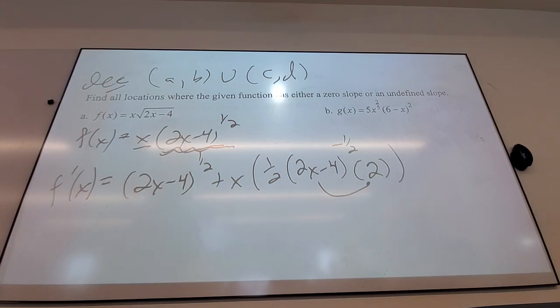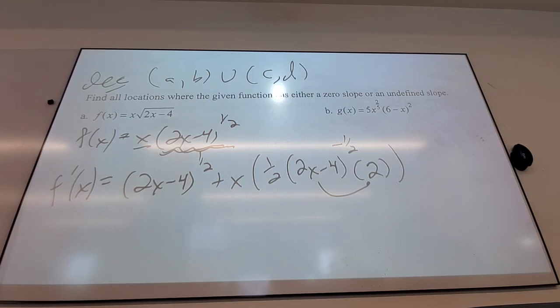What's a negative power mean? Flip. So wouldn't the 2x minus 4 have to be on the bottom? What value of x makes it 0? 2. So it's undefined at 2. You can't always do this, but I didn't have to do a lot of work. I could just see it. x equals 2 makes this undefined. That is a possible location of a max or a min.